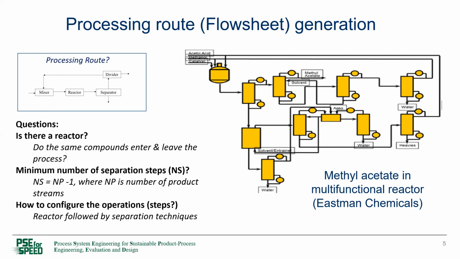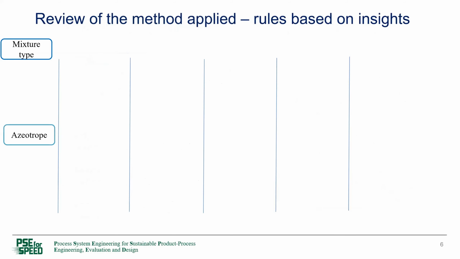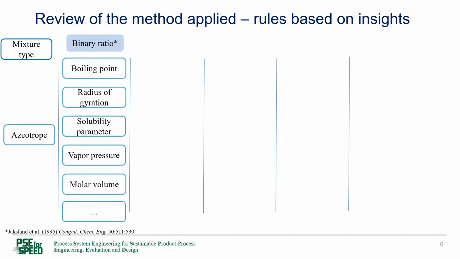So what we will propose is that once we get a mixture and we get a problem definition, we will try to identify the mixture. We will try to identify any isotopes are formed or not because they affect the separation. And then for every binary pair of compounds in the mixture, so if there are 3 compounds, then there are 3 binary pairs.